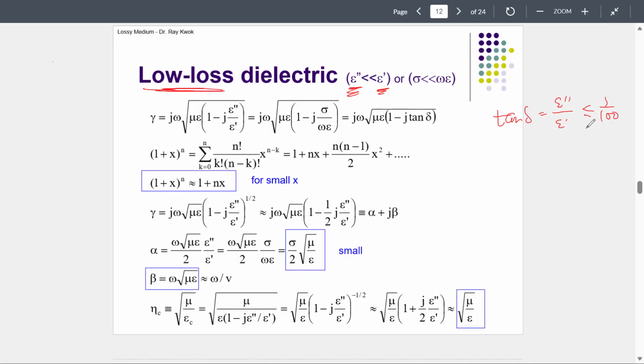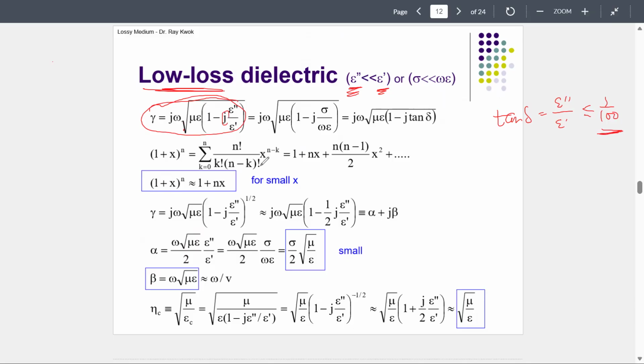We did talk about the binomial expansion, remember? We use that a lot, and this is one of the reasons we demand 1%, because that would be a good approximation. So what does that mean? When I'm looking at the original form, I have a square root and a complex number here. Pretty complicated.